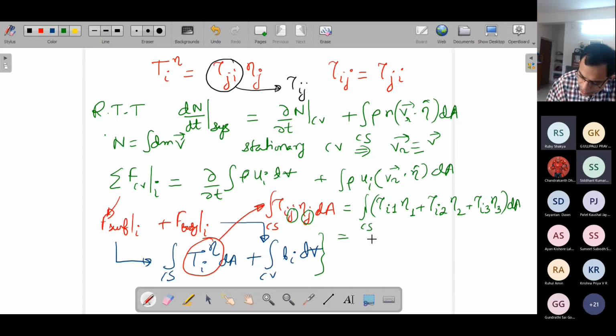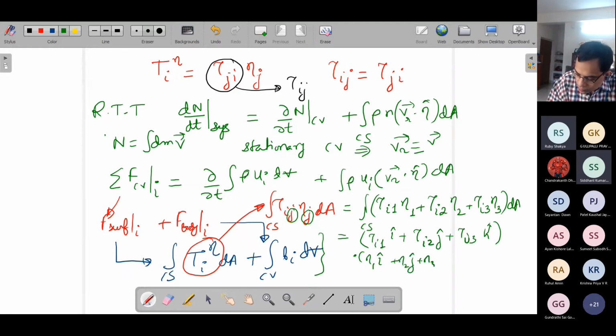So to do that, you can write this by forming this new vector. Okay.